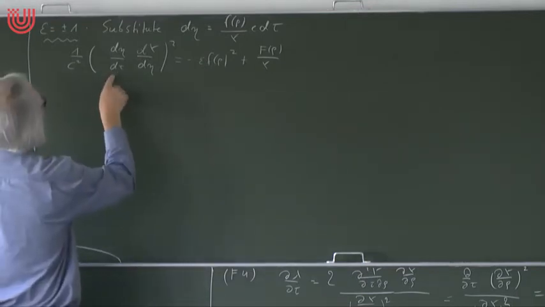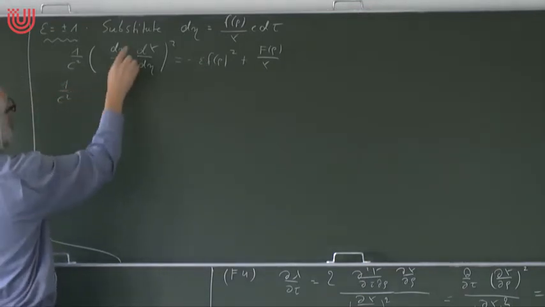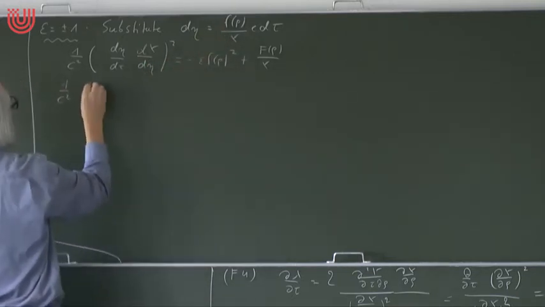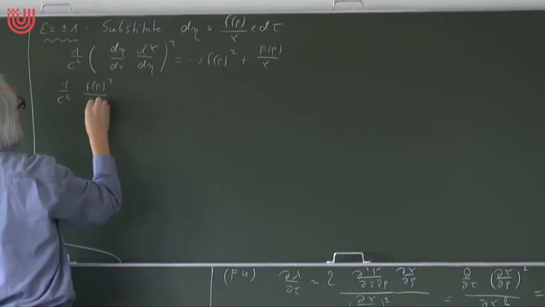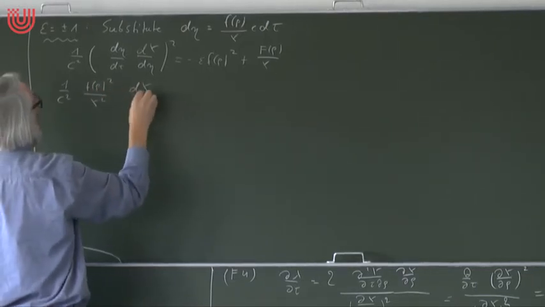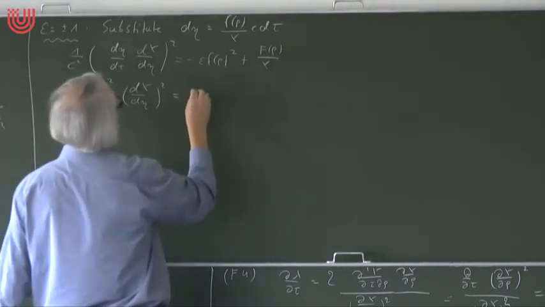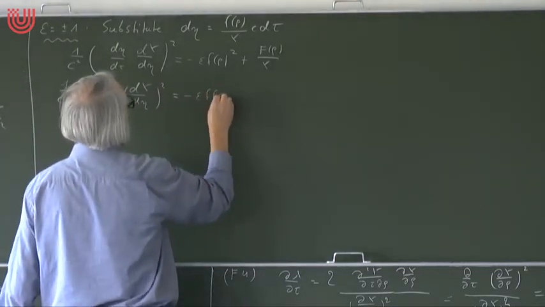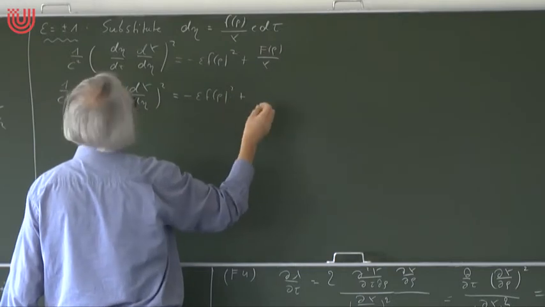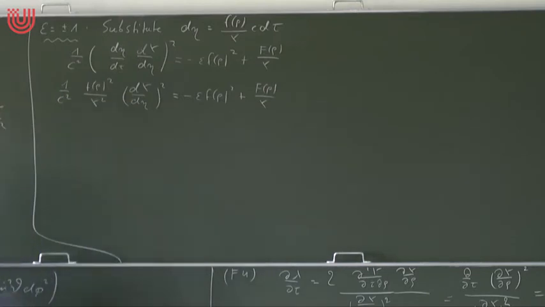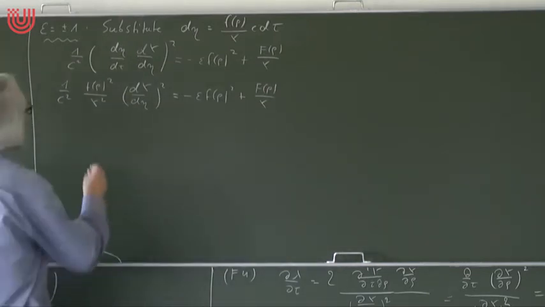Okay, I insert this expression. The d eta by d tau squared is f rho squared divided by y squared. And on the right hand side I have minus epsilon rho squared plus f of rho over y. So I think now it looks much better.